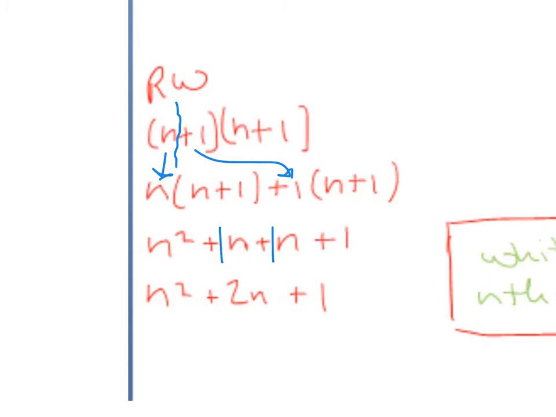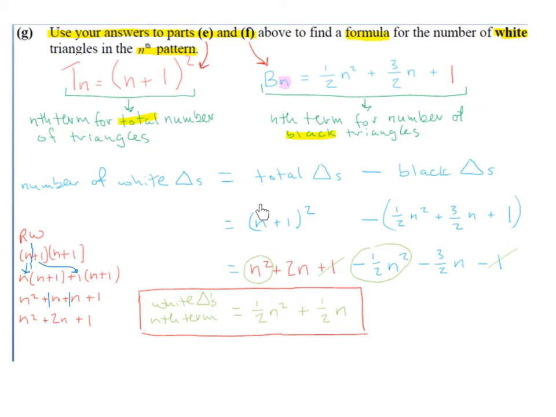Brackets mean multiply. 1 multiplied by 1 is 1. Then we bring down the n squared, and 1n plus 1n is 2n, and then we bring down the plus 1. So this became this. So n plus 1 squared is n squared plus 2n plus 1.